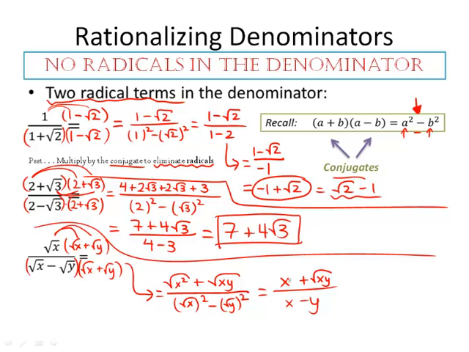You could separate it as x over x minus y plus root xy over x minus y, but this is just fine as long as it's simplified. So there you have it. You have eliminated any roots from the denominator, and any roots in the numerator are simplified, and there are no common factors to further cancel.